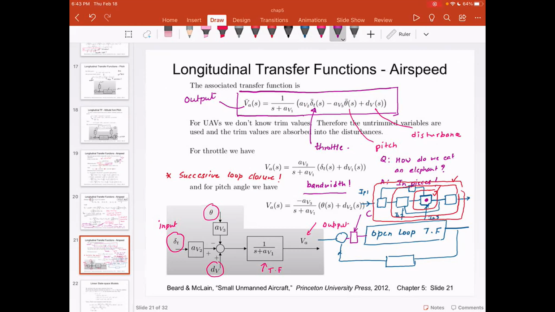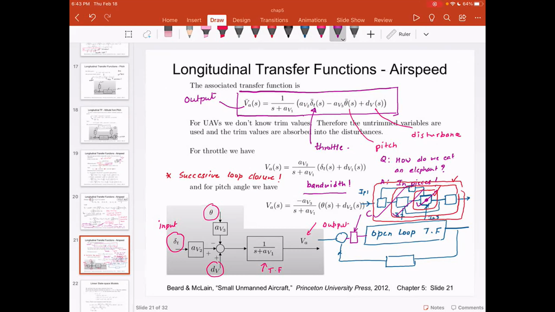So you want that actuator to move quickly so that this loop can be closed very quickly. This loop can be closed quickly, and then this loop can be closed, because you want the system to be successively closed.